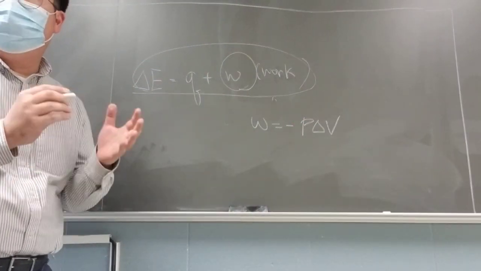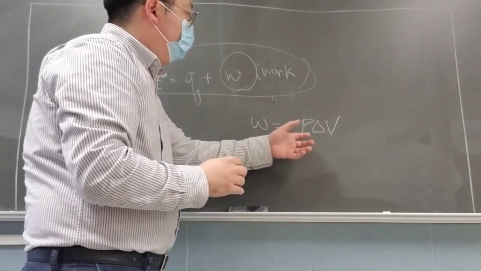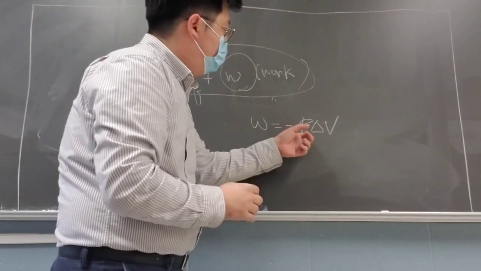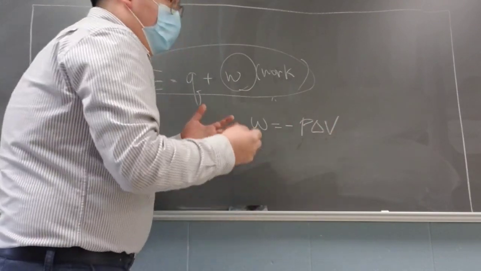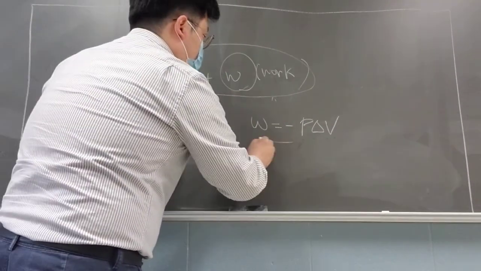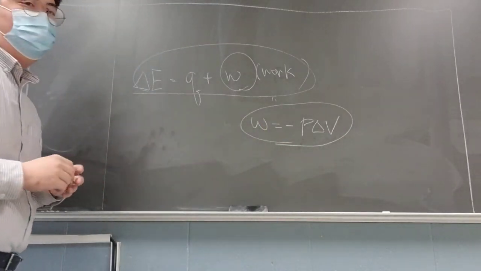This one, okay? So work is equal to negative pressure times change in volume. So the product of the pressure and change in volume, this will be something that we can use here.